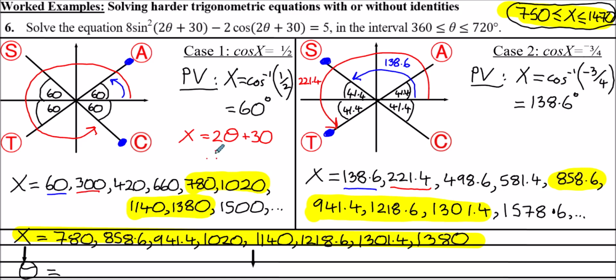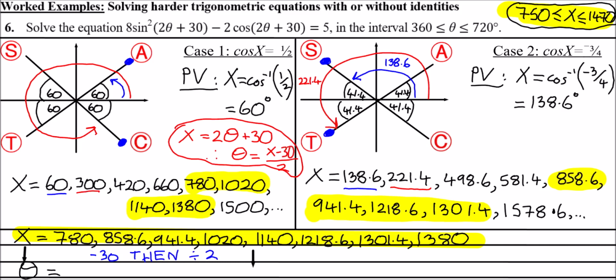So, rearranging in terms of theta, theta is going to be big X minus 30 divided by 2. And so we can work out the necessary values of theta by knocking 30 off each of these and then halving. So the rule here is we're going to minus 30, then we're going to divide by 2.